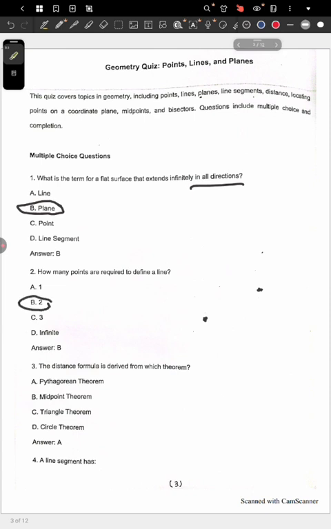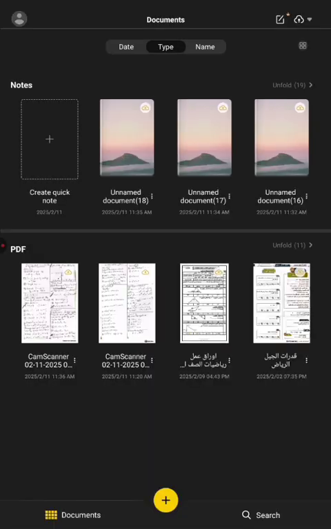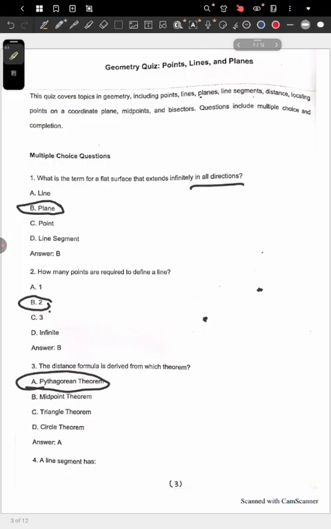Number 3: the distance formula is derived from the Pythagorean theorem.